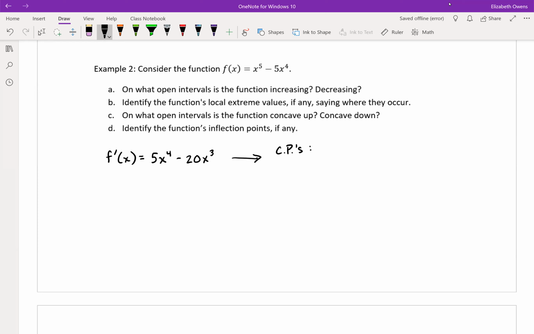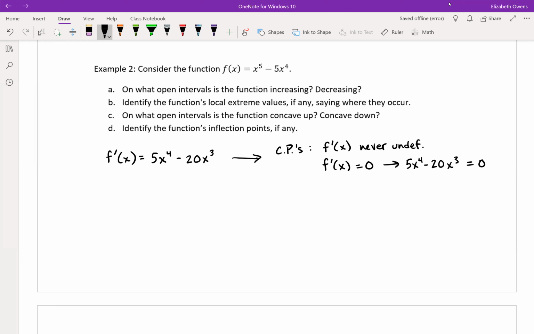The function's derivative f prime of x is never undefined, so we can rule that out. And we just need to look at where f prime of x equals 0. And so that would be 5x to the fourth minus 20x cubed equals 0.